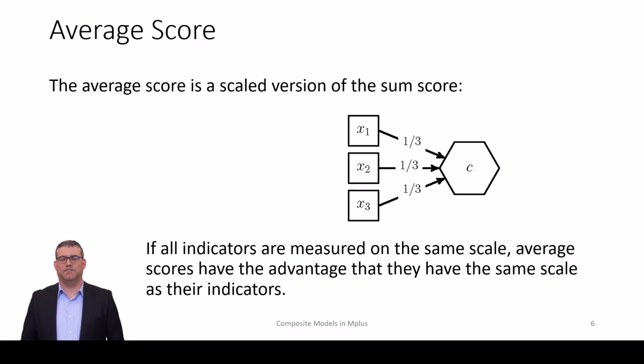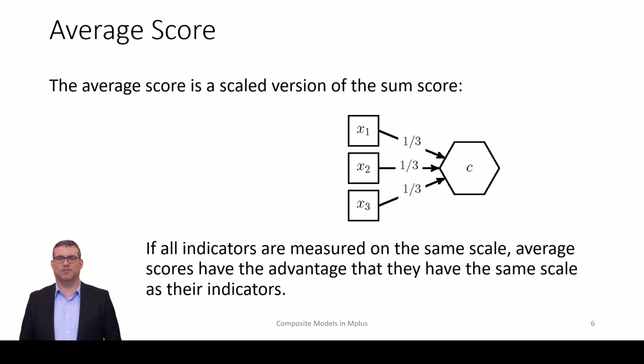Another possibility very closely related to sum scores are average scores. Average scores are created by dividing every weight through the number of observed variables. So instead of using a weight of 1 for every observed variable, we use 1 divided by the number of observed variables.